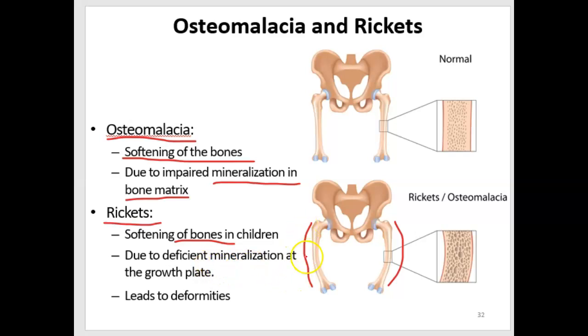And the reason that these deformities happen is because they're putting weight on soft bones which are flexible, and so according to the line of stress, the bones will bend. And then if their diet improves or mineralization increases, these bones just form as hard bones with hard matrix in this formation.